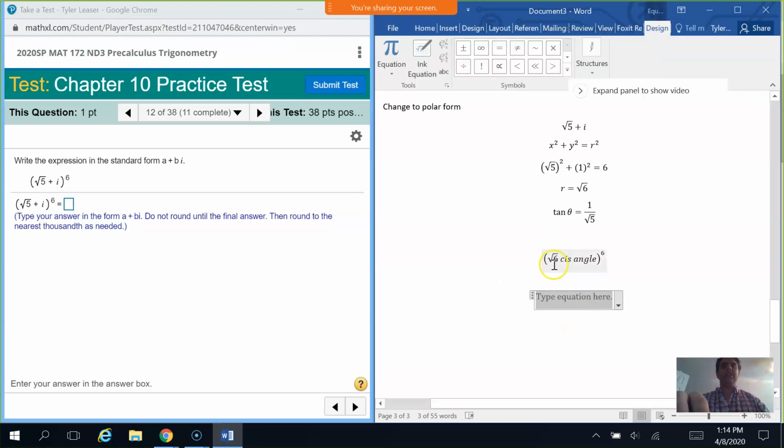Root 6 to the 6th power is going to be out in front. And then cosine plus i sine of whatever that angle was up top times 6. Root 6 to the 6th power is the same thing as just 6 cubed, because square root is the same thing as raising it to the 1/2 power. So raising it to the 1/2 and then raising it to the 6th, all in all, is the same thing as cubing.